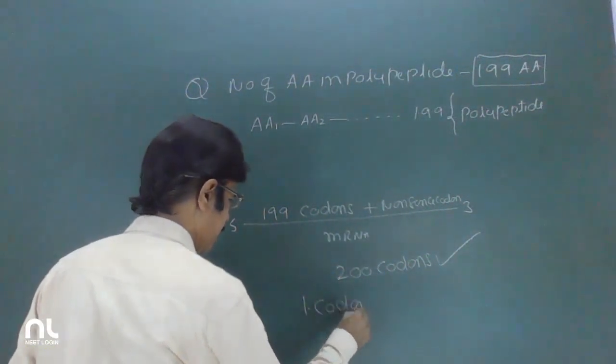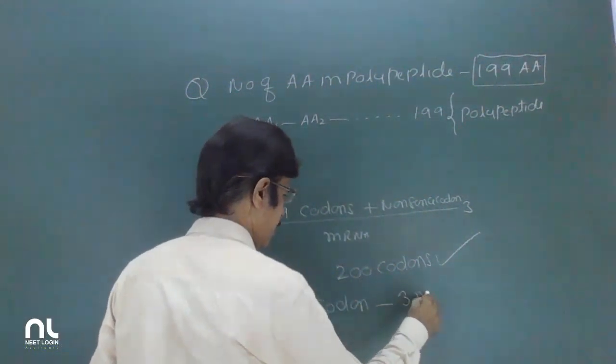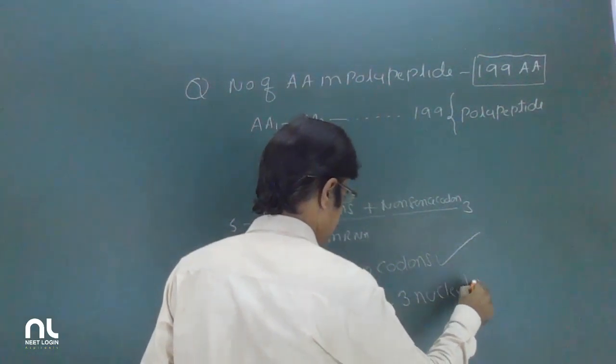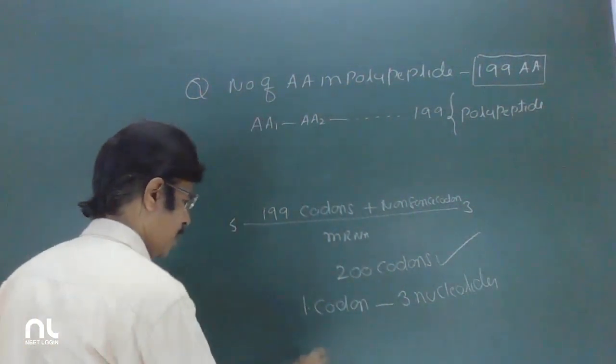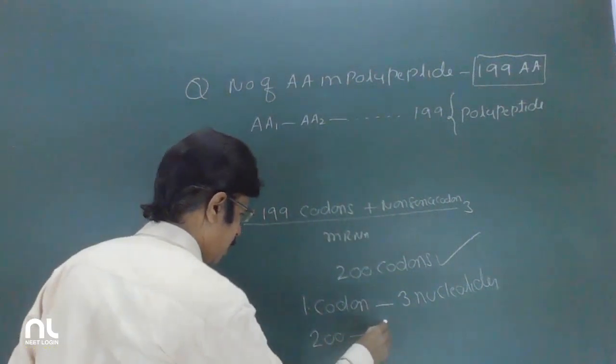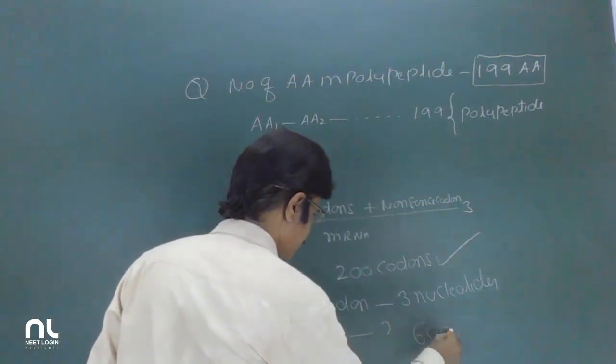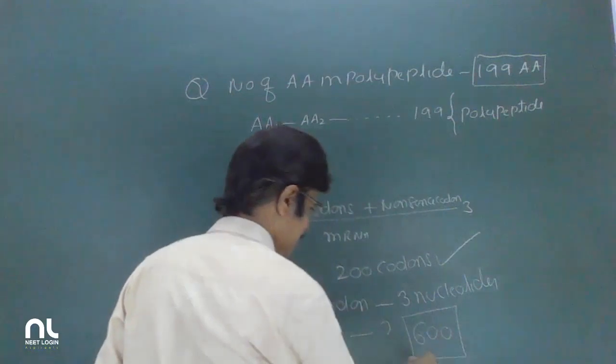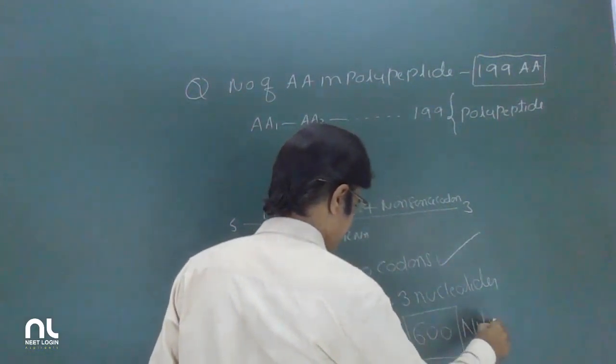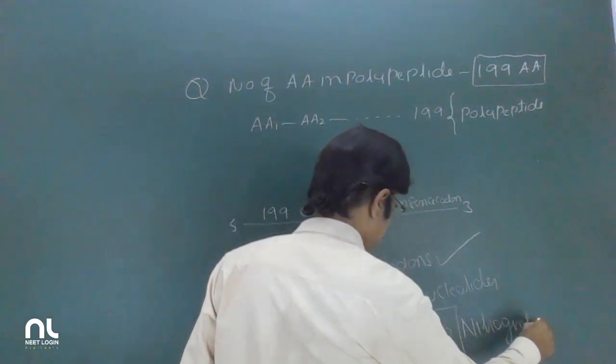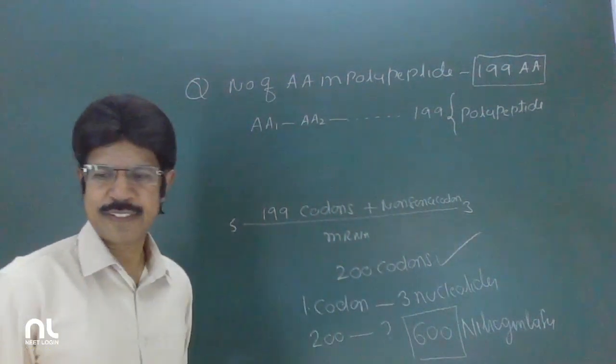One codon has 3 nucleotides. 200 codons, 600 nitrogen bases.